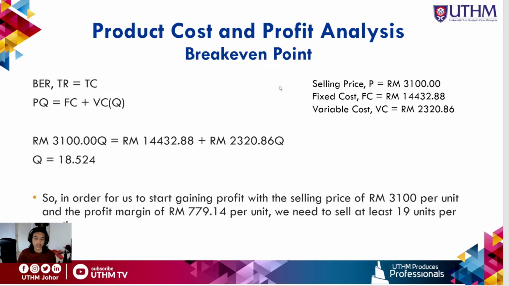So the quantity 18.524 is the quantity needed in order to gain profit by selling each product at RM 3,100 per unit to gain a profit margin of 779 ringgit and 14 cent per unit. So in order to gain profit, we need to sell 19 units per month.